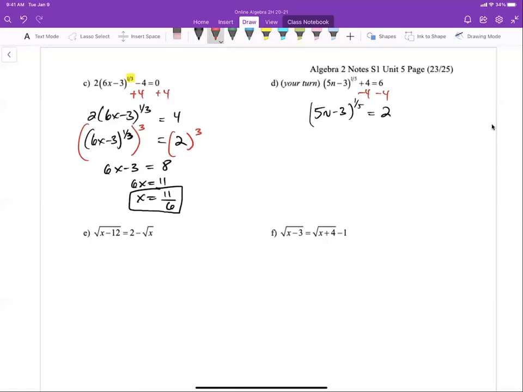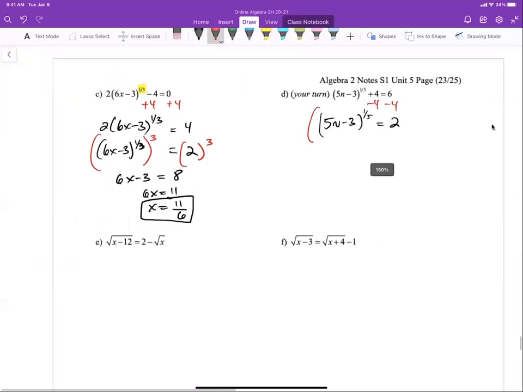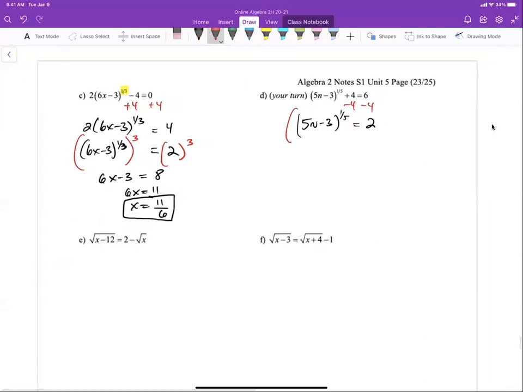How do I get rid of the 5th root, or this binomial raised to the 1/5 power? I need to take it to the 5th power, and I need to take the right-hand side of the equation to the 5th power.